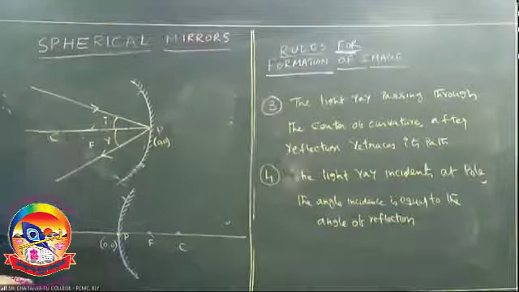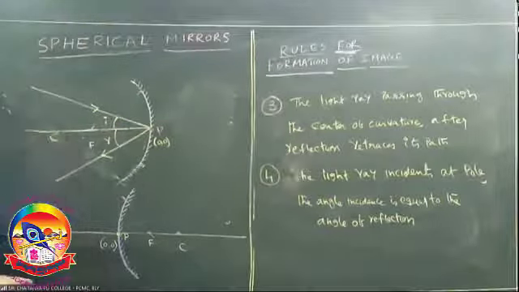We know the sum of the interior angles in a triangle is equal to the exterior angle.